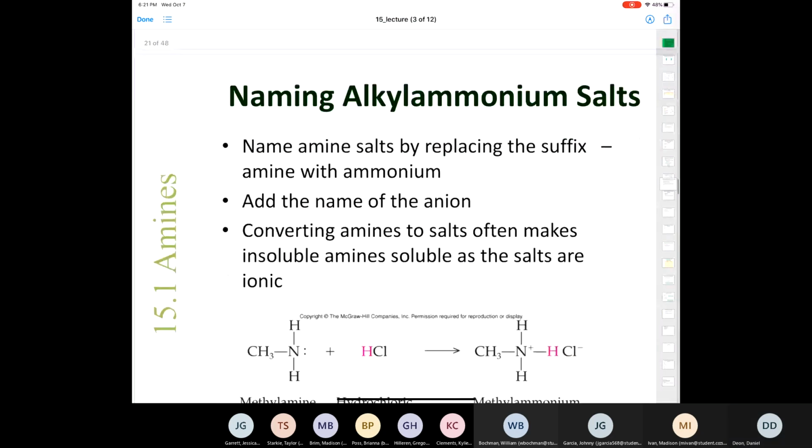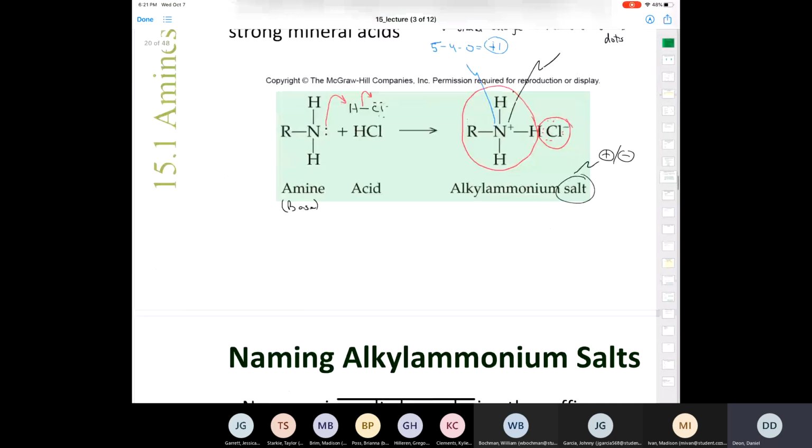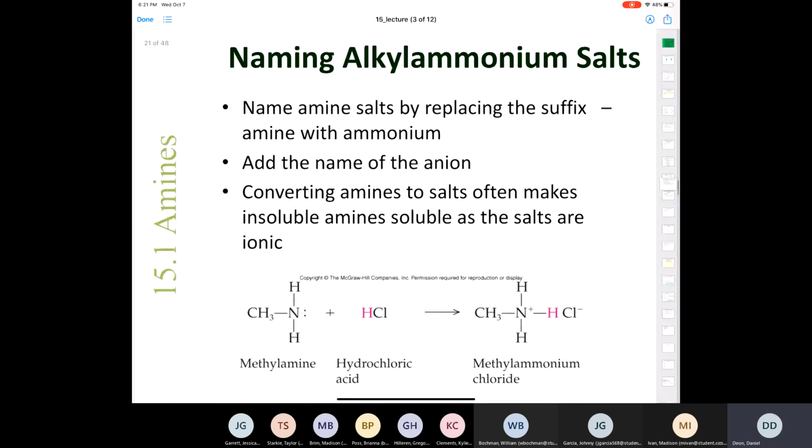Now, how would we go about naming an alkyl ammonium salt? We just saw an alkyl ammonium salt here. Let's figure out how we might name one, because alkyl ammonium salts are actually pretty important, and we'll talk about why in a little bit. The first thing you do is you name the amine salts by replacing the suffix amine with ammonium. So if we had methylamine, it becomes methylammonium.